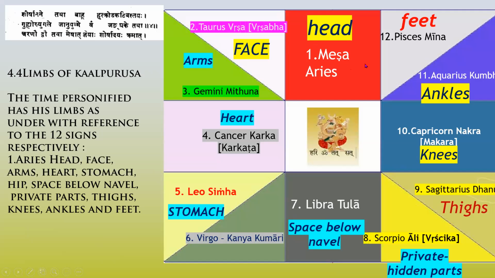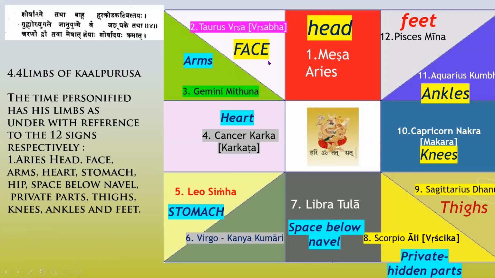So the head becomes very important, because the first house rules the head. Similarly, the second house rules the face. So if you're Taurus rising and you have Ketu there, maybe when you were young you suffered an injury through burns or something like that, because Ketu is a malefic, so often that can happen.